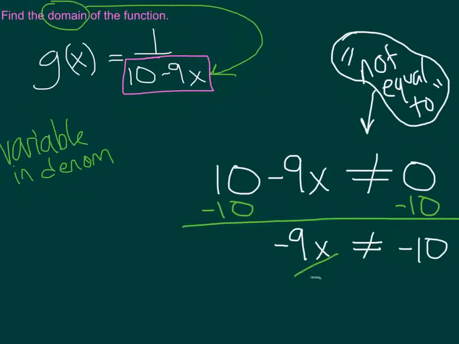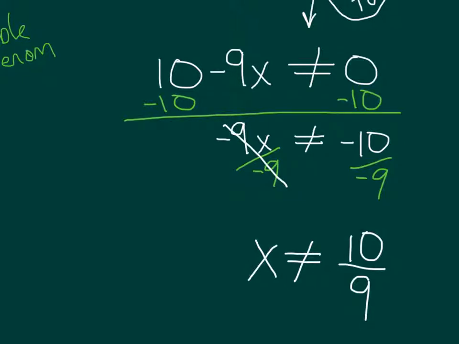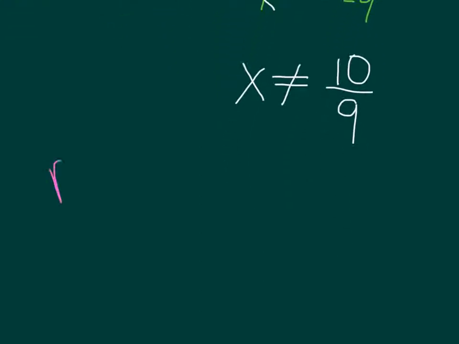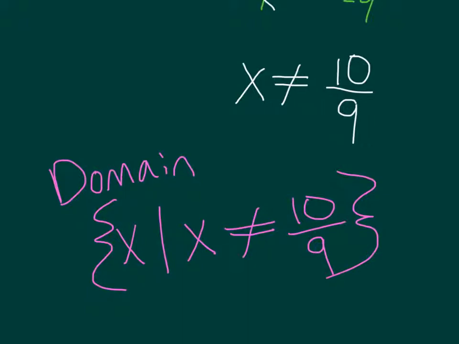Divide by negative 9, and those cancel out. We've got x is not equal to negative 10 over negative 9. Anytime you've got a negative over negative, that just becomes positive. So x cannot be 10 over 9. When we're writing our domain, we use set notation: x such that x is not equal to 10 over 9. But other than that, it can be anything. So our domain is going to look like that.